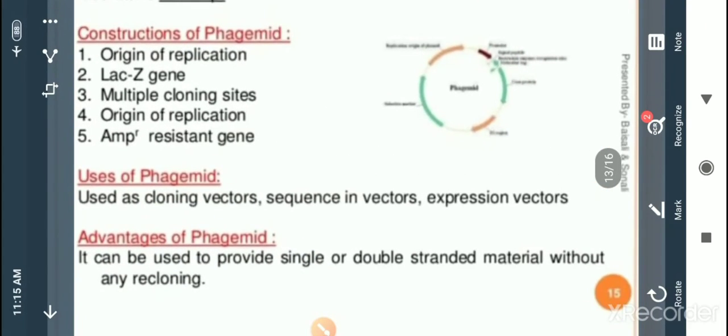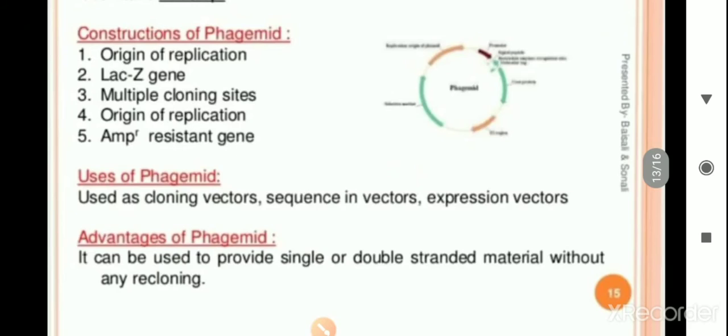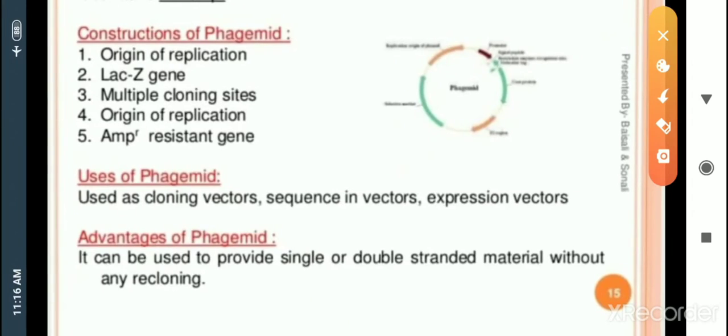And then the uses of phagemids. What are the uses of these phagemids? First of all, it is used as a cloning vector, and also as an expression vector. If you remember my last video, there I mentioned two types of vectors: the cloning vector, which is the first, and the expression vector, which is the second type.